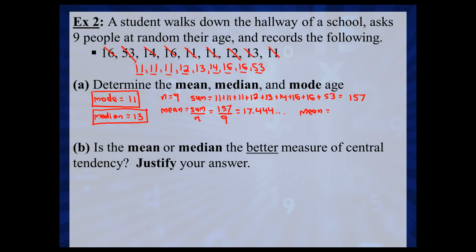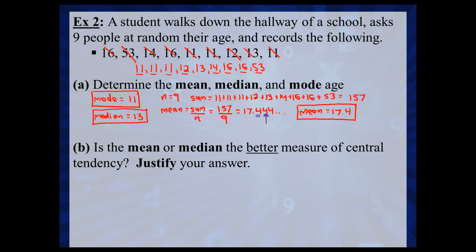So a tenth is just the first decimal place. To determine how to round it, I have to look at the following digit in the hundredths position. If it's a value 0 to 4, we don't round at all. If it's 5 through 9, we round up. It's a 4, therefore we don't round. Therefore, this mean would then be 17.4 years.